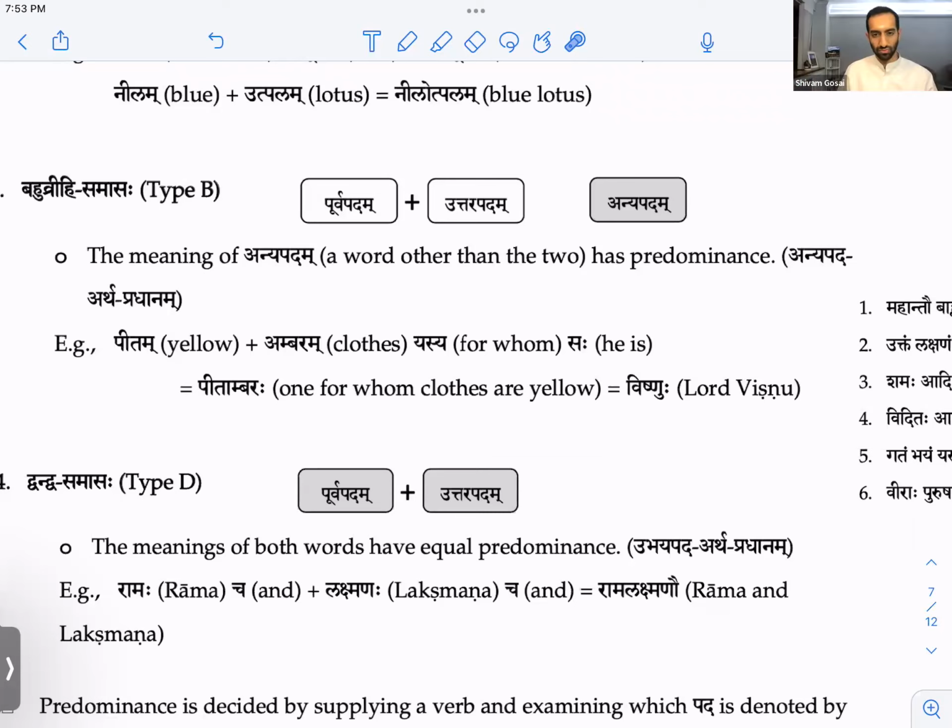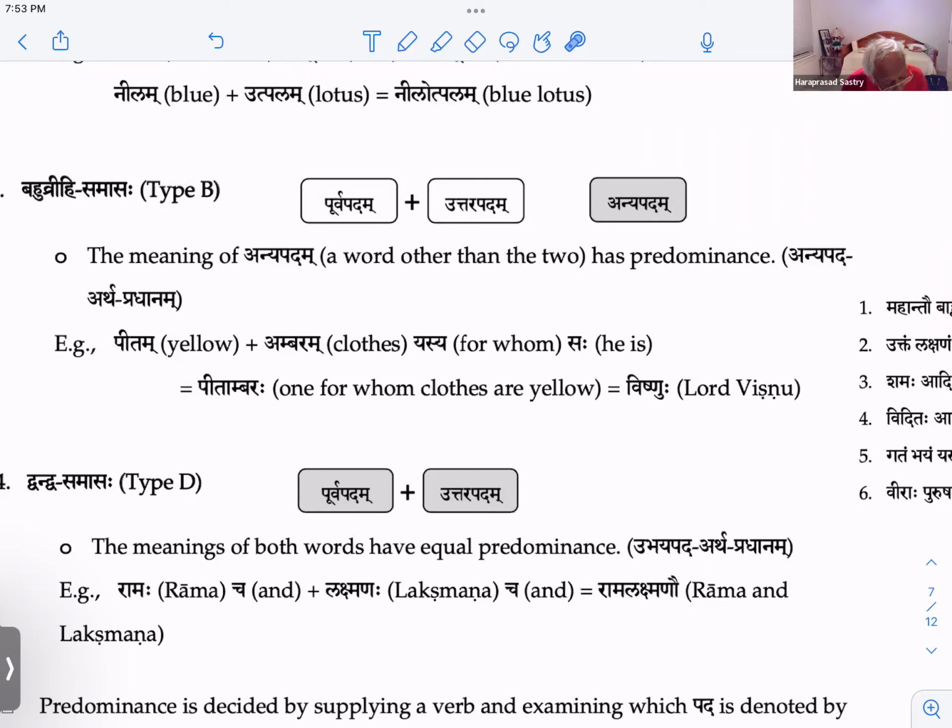But here, what is the Anya Pada which is predominant? So the Anya Pada is Vishnu, right? So we're not referring to Pitam, yellow, or Ambaram, the clothes, but we're actually referring to Vishnu, who has yellow clothes. Oh, okay.